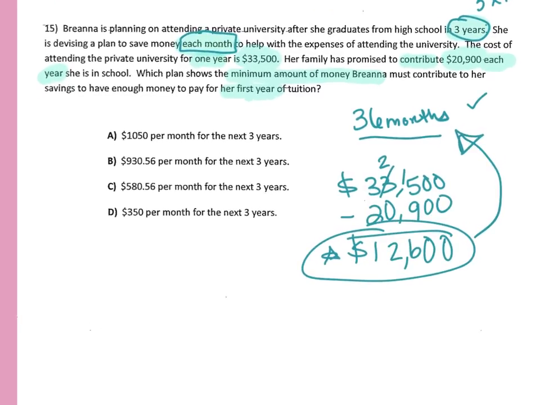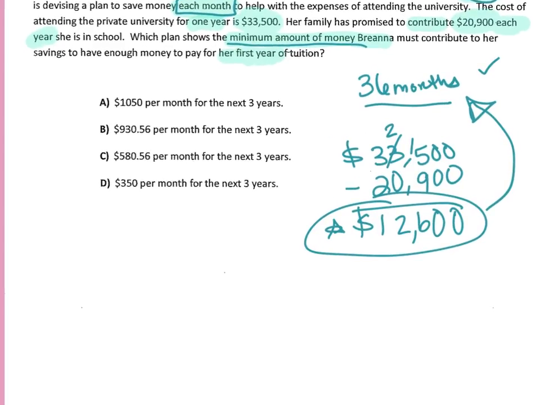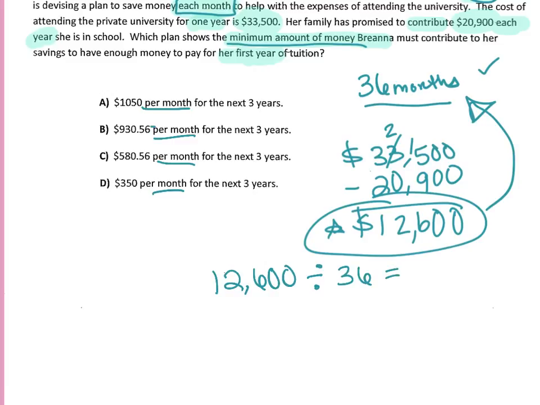Now we're trying to figure out the minimum amount of money she must contribute to her savings. So how much could she save every month? Because all of your answer choices say per month. So divide that total balance that she's left with after her parents contribute by 36. So 12,600 divided by 36 is $350. There you go.